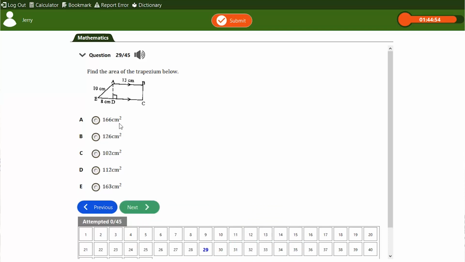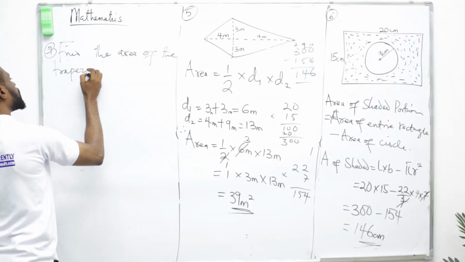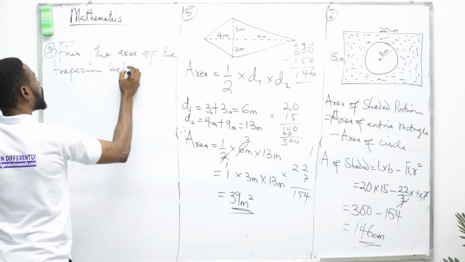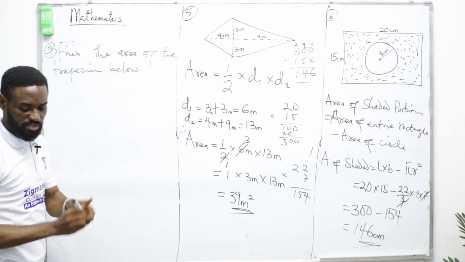Now, they say we should find the area. That is 7. Find the area of the trapezium below. Now, this is the trapezium.